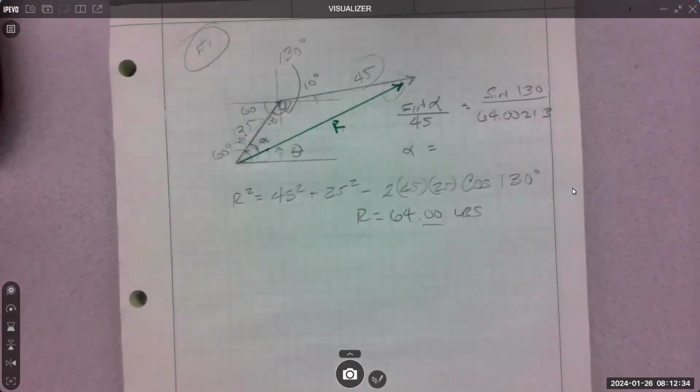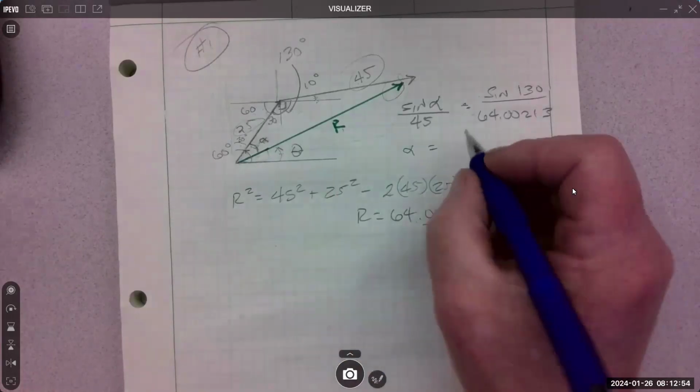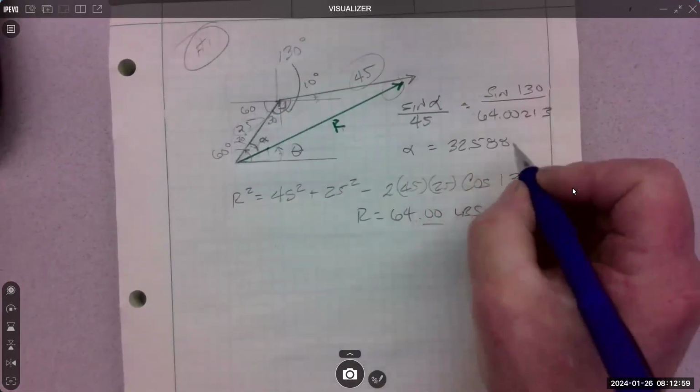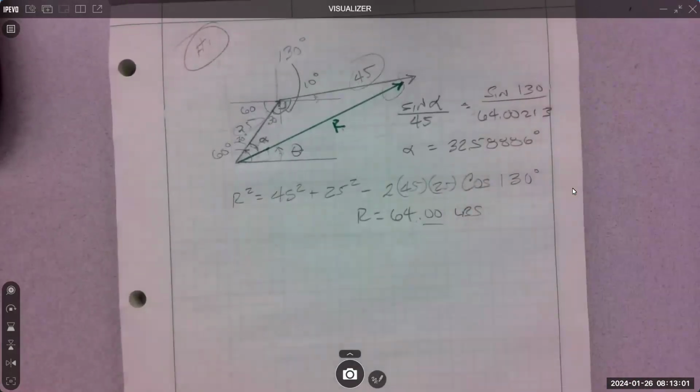Let's see what it gives me. So I get 32.5888. Carrying out a lot of precision within the problem, and in the end, I'm going to round it.